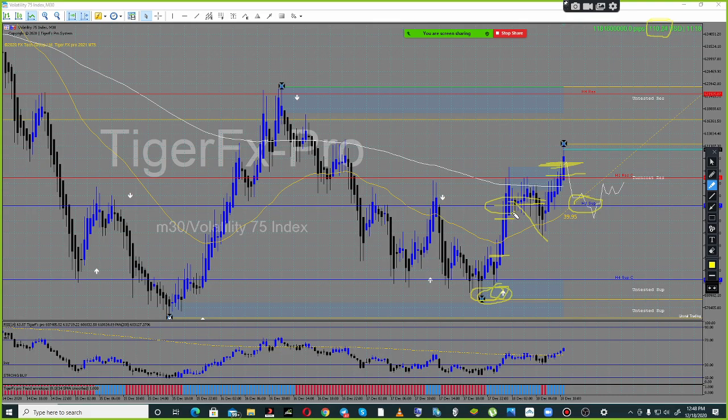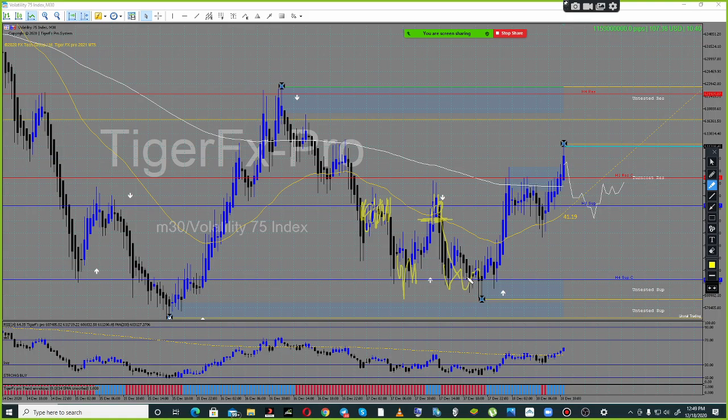So I must wait for price to break out of that resistance or support. Like you can see for yourself, each and every time there's a key structure on the market, price tends to play around on those areas. Just like what happened here, you enter a trade here, price meets the resistance and continues to go down.